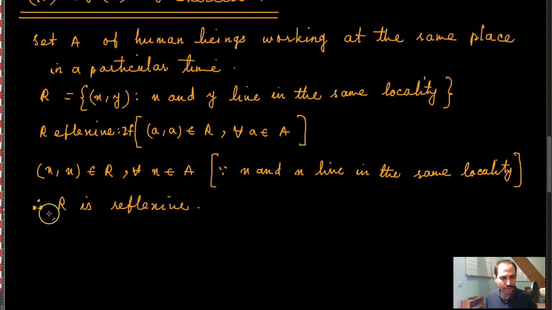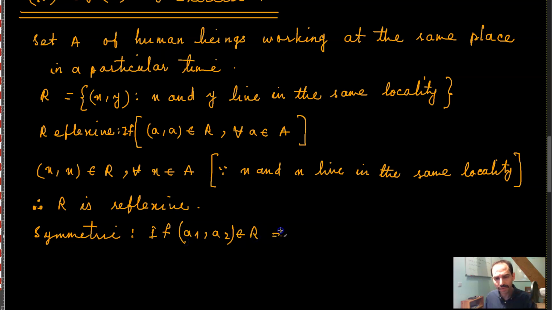On the other hand, if you want to check whether R is symmetric, the condition is that if (A1, A2) belongs to R, it implies that (A2, A1) also belongs to R for all A1 and A2 belonging to A, right?